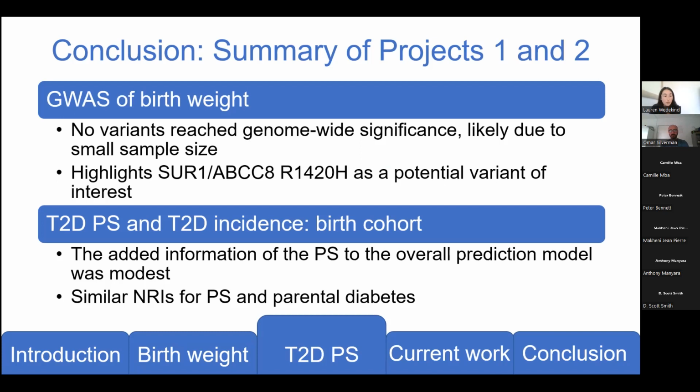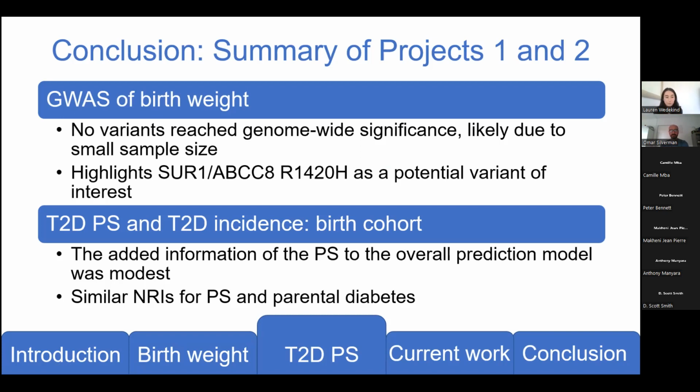And then project 2 was about looking at the incidence of type 2 diabetes, trying to predict that using clinical variables and/or a polygenic score for diabetes, focusing on the birth cohort, so birth weight and some variables that you'd have at birth.